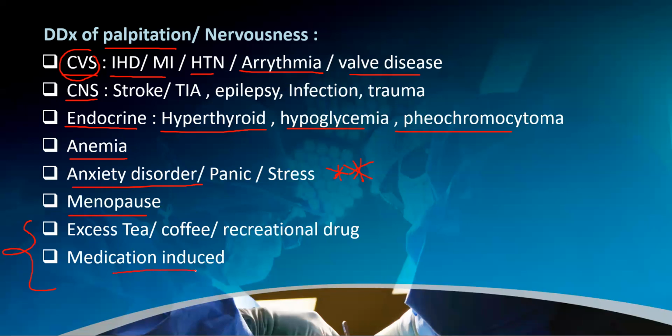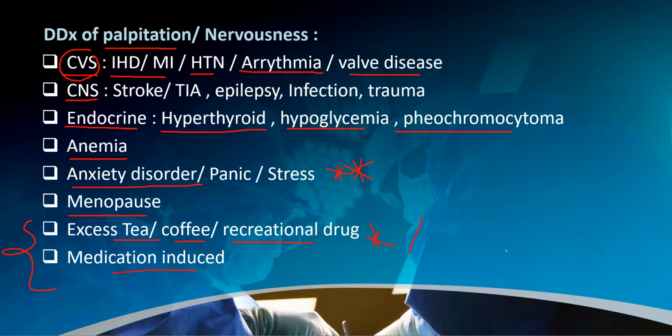So medication-induced is very important, like excessive tea, caffeine, or coffee. Also recreational drugs can result in palpitation. Also, alcohol withdrawal can cause palpitation. So excessive tea, coffee, recreational drugs, alcohol, these are all very important.